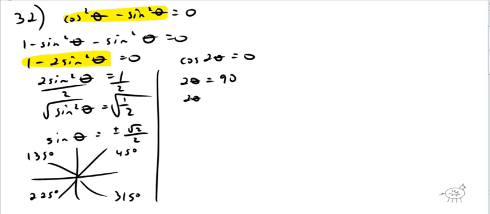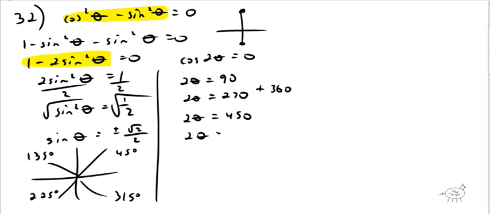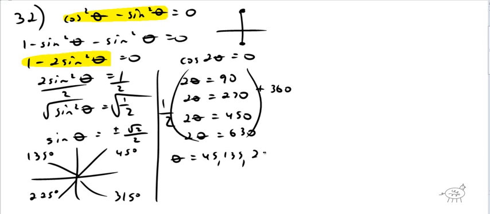And 2 theta equals 270, right? Because cosine is 0 here and here. And then I would add 360 degrees to that, right? Because it's double the number of answers. So I get 2 theta is equal to 450, and 2 theta is equal to 630. Then, of course, I multiply this by 1/2, which gives me theta is equal to 45, 135, 225, and 315 degrees.